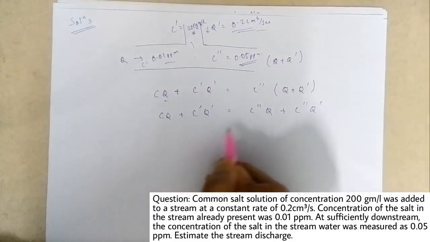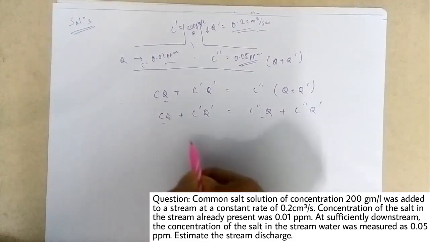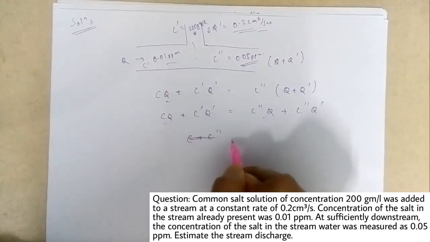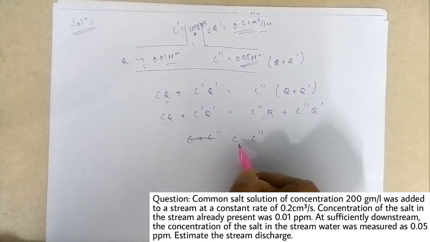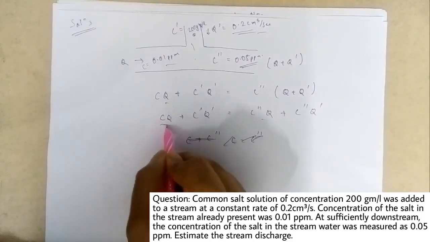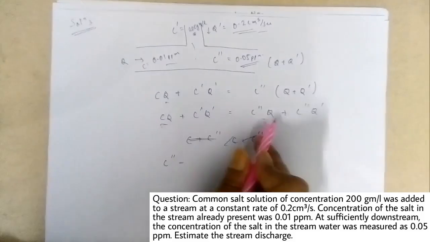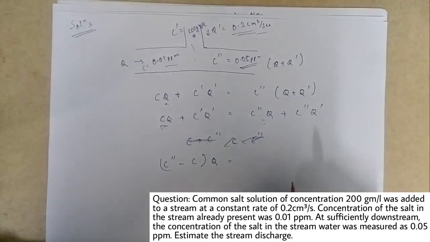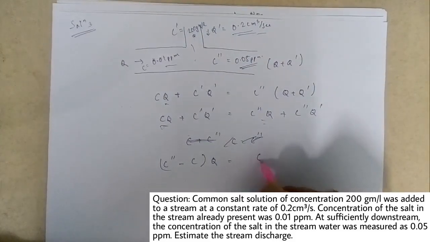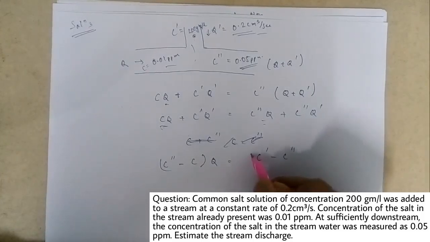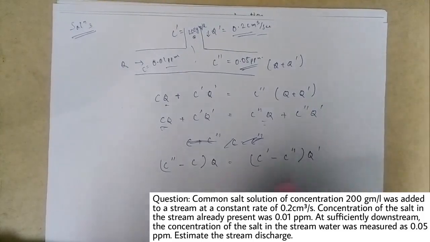And now let's consider the Q terms on one side. By taking this one to this side and this one to that side, it will be C prime minus C multiplied by Q is equal to C prime minus C double prime multiplied by Q prime.